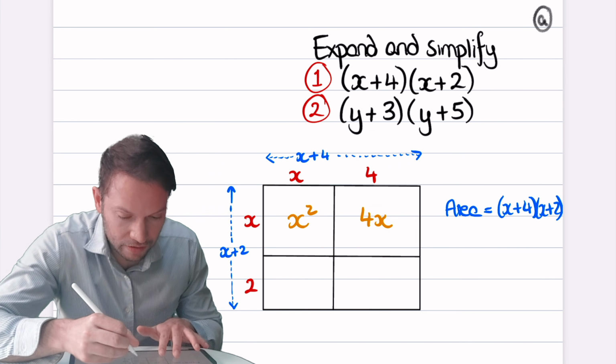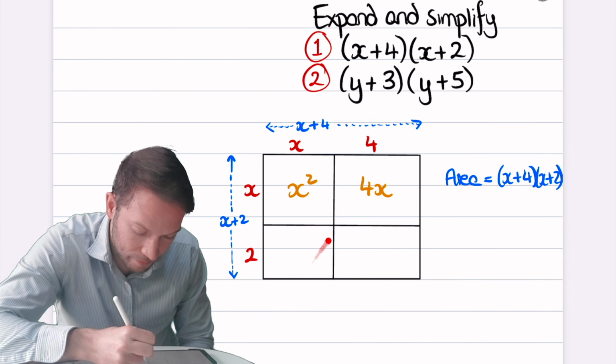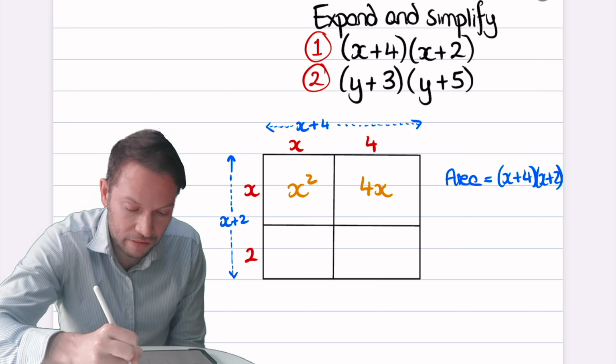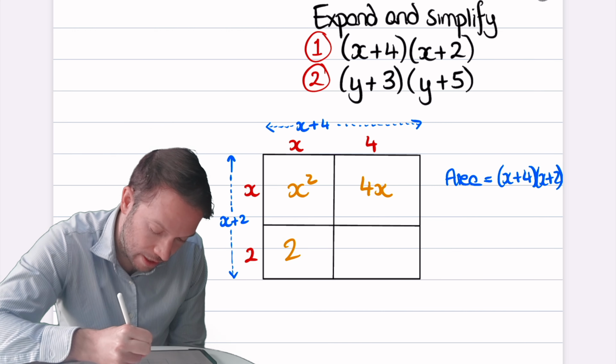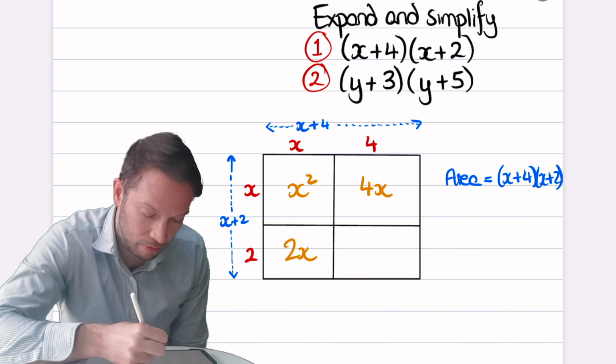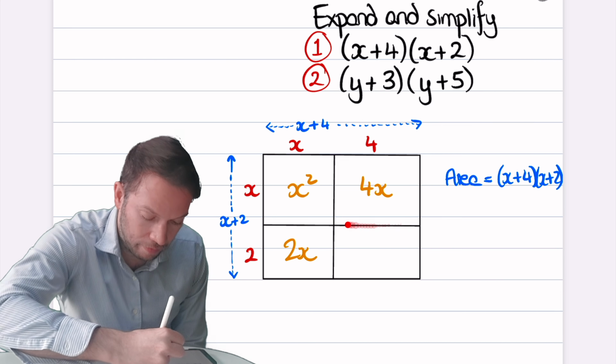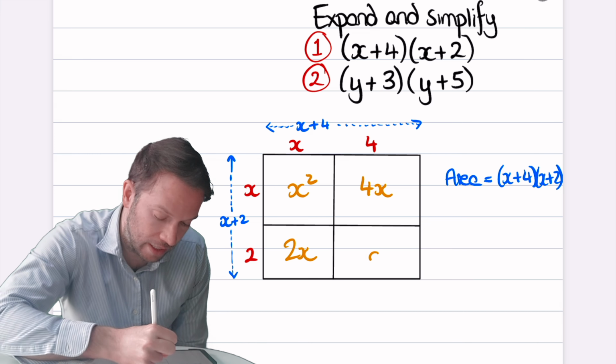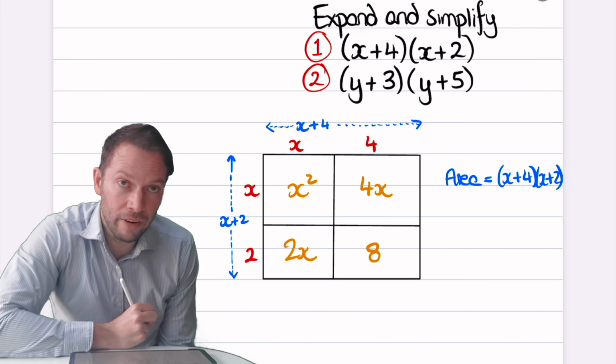And then this bottom left rectangle, we've got a length of x and a height of 2. x times 2 is 2x. And then finally, this rectangle here, we've got a length of 4 times a height of 2. 2 times 4 is 8. So we've got these different areas here.